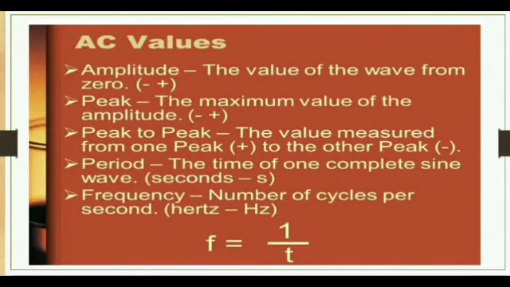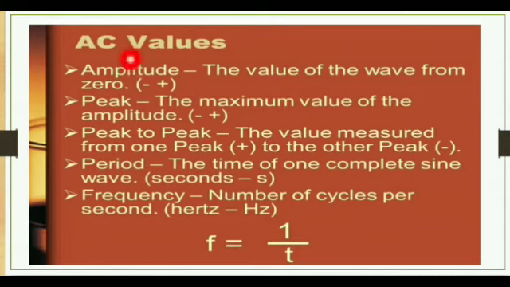And coming to this one, if you are taking the cycle, it has amplitude and peak, peak to peak, it has period and it has frequency, right? You should know the terms. One is amplitude, the value of the wave from 0 to maximum, right?